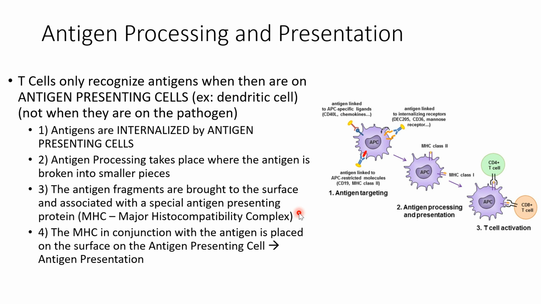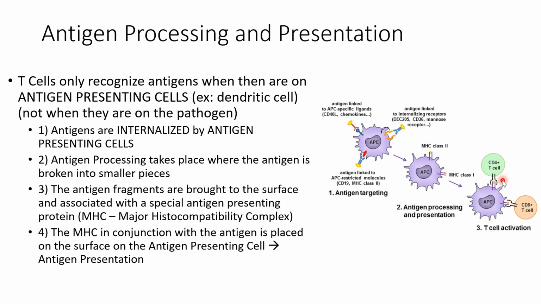It could be a 1 or it could be a 2, right? If it's a class 2, we know that it is a professional cell. All cells that have a nucleus can present an MHC class 1. The major histocompatibility complex in conjunction with the antigen is placed on the surface, and that is antigen presentation.